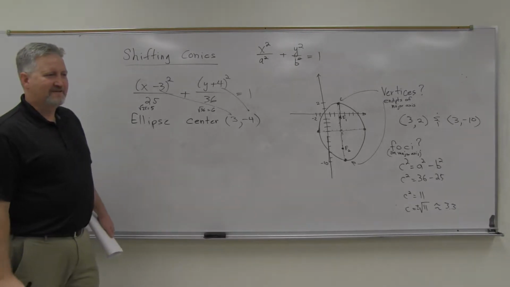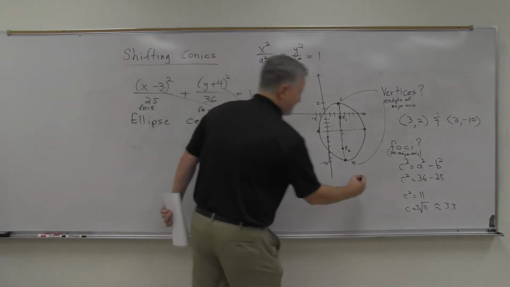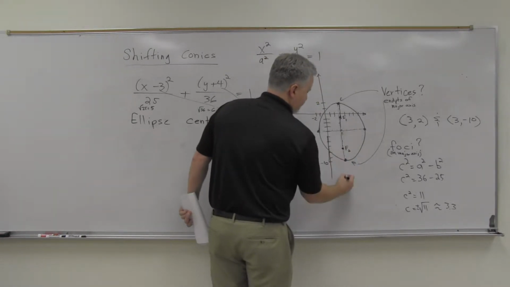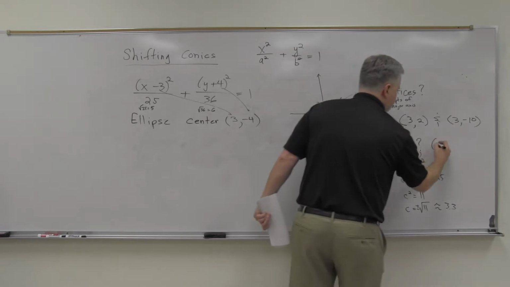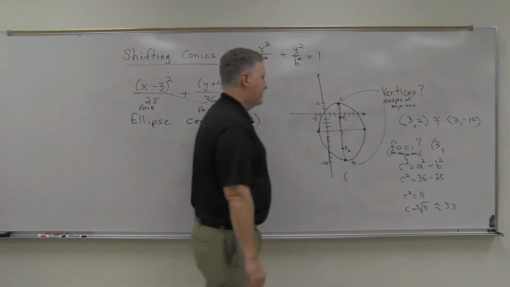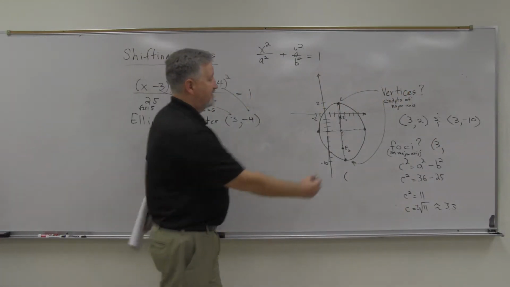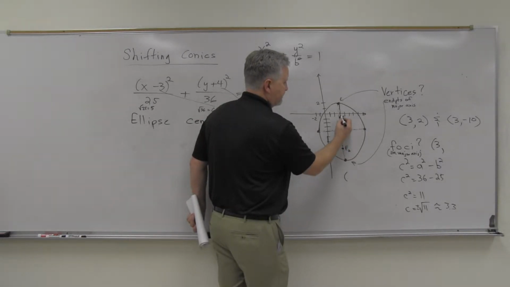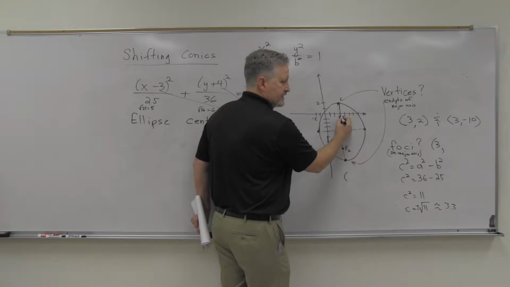So can we get coordinates for that? A little harder, I guess, but here's the thing. Both of those foci have an x value of 3. I just have to figure out the y value.